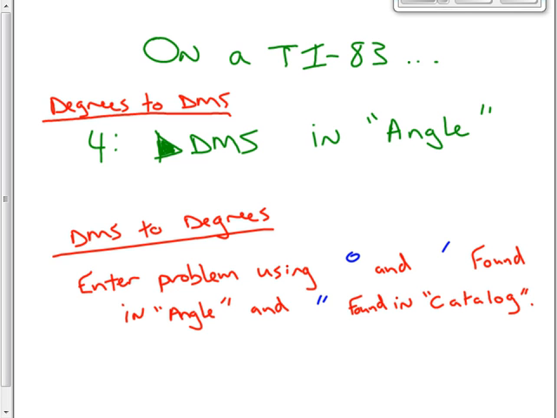To go the other way, enter the problem using degrees and minutes, which are found in the angle menu again. So if you go to second angle, that will get you these two options. And then you can find the double hash in catalog.